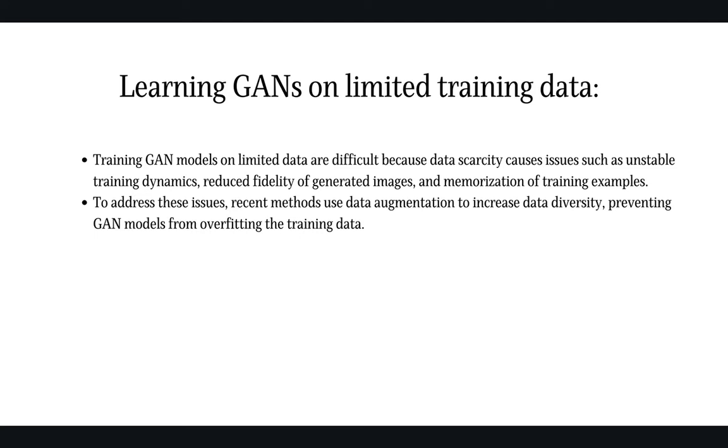So, what can we do to address these issues? A lot of new data augmentation techniques have been created to increase data diversity and prevent GAN models from overfitting the training data. A lot of augmentations like rotating an image, scaling the image, cropping the image, left side, right side view, etc. are being done to address these issues.